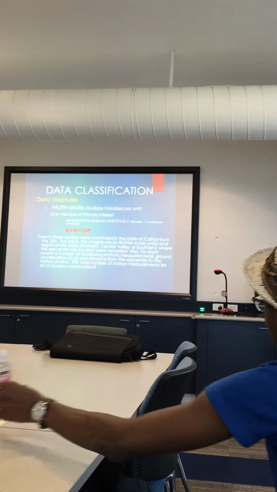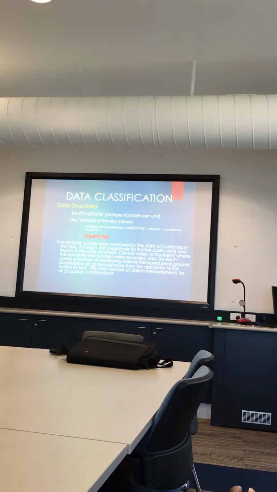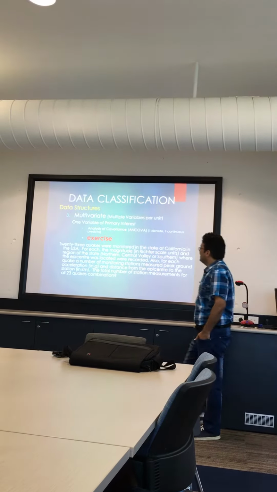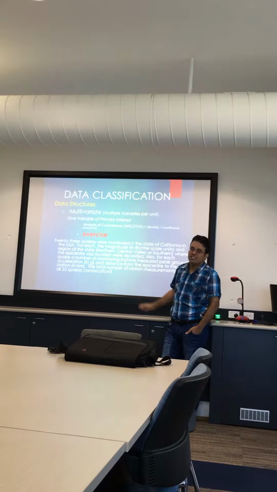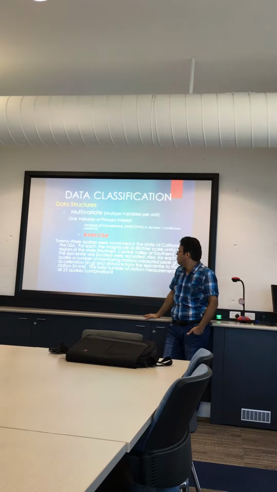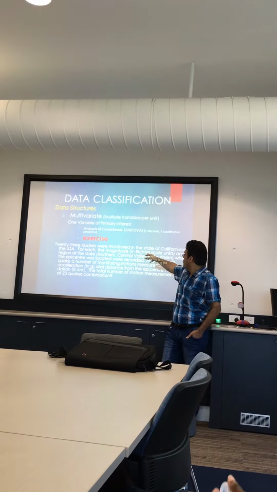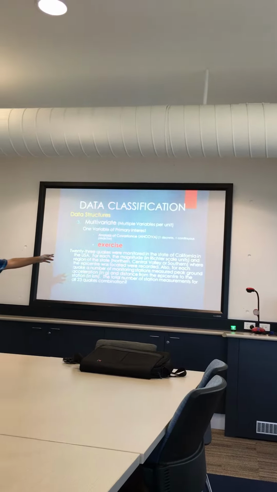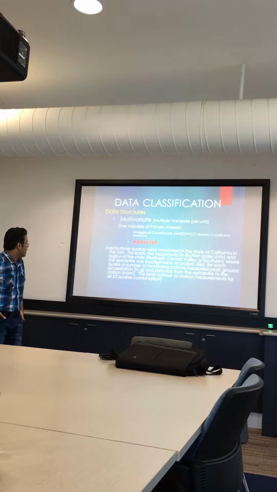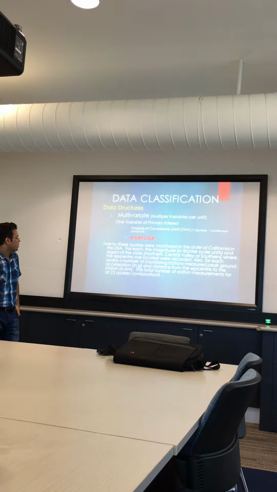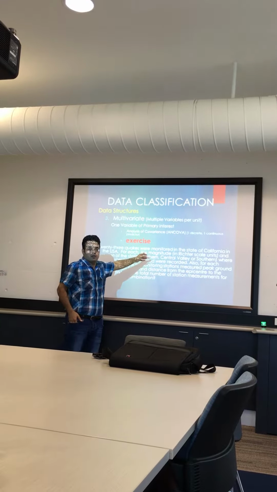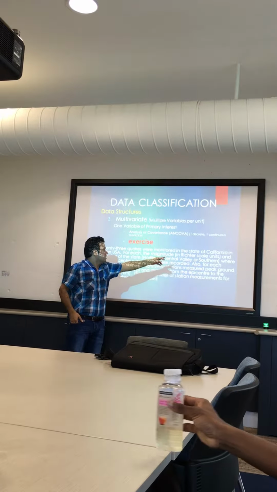Now, test exam. Quick question. They give us a scenario. We have 23 quakes, where you can't read it from here. One monitored the state of California, the USA. For each quake, the magnitude, we know what magnitude means, in Richter scale units.